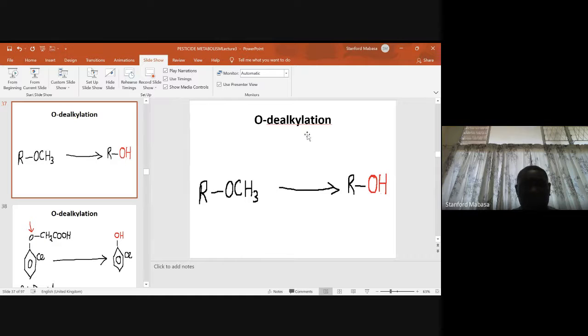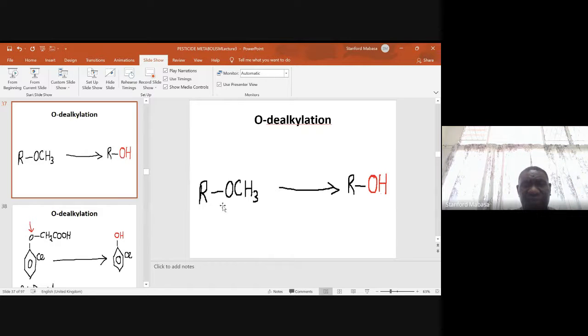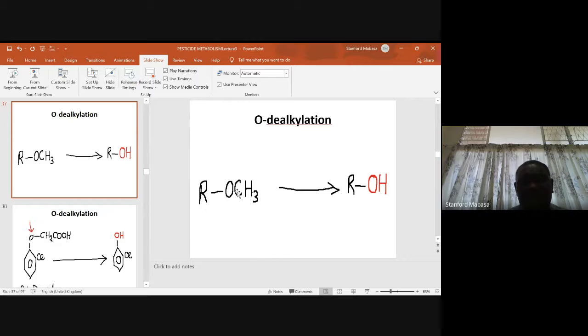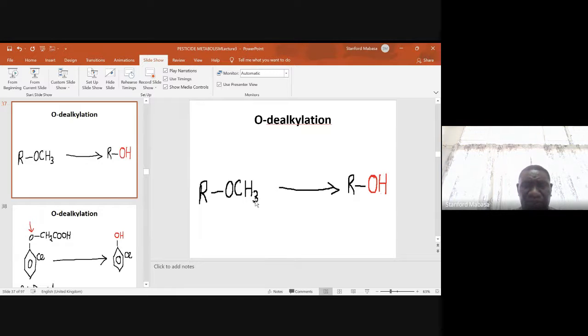There's also what we call O-dealkylation. If we have this structure here where we have got R attached to OCH3, we can remove this methyl group and remain with an OH there. So this is the basic reaction, very simplified, so that you know where the changes are taking place.